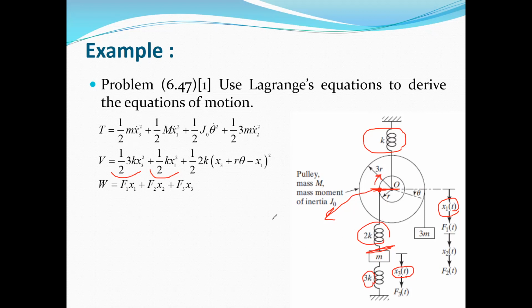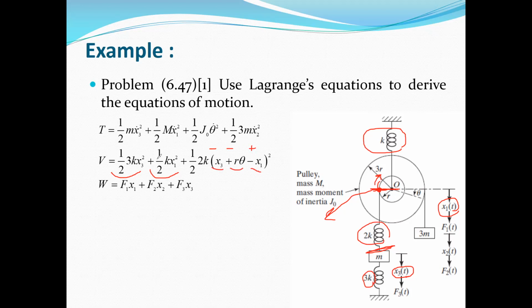We can consider one of them negative and the others positive. Here I assume that the degrees of freedom which pull the spring are positive, so x3 which is pulling the spring is positive, r theta which again is pulling the spring is positive, and x1 which is pushing the spring is negative. You can change this direction. I mean, if you assume that x3 is minus, minus, and positive, you can change it. Again, the result will be the same, no different.